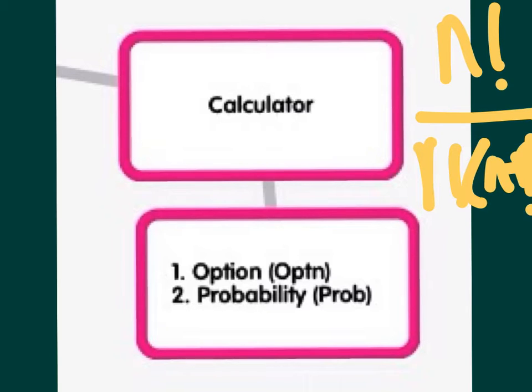To do this, first you'll have to set math to standard, and then you'll need to press the option button and then the probability button, which is in the second page of those options, and then you will have an option that says nCr, and that's a really easy way of doing it.